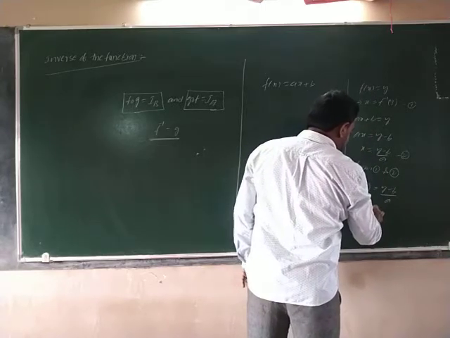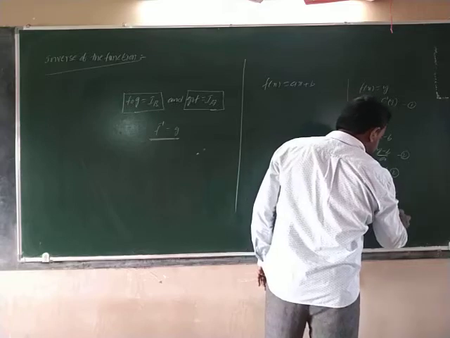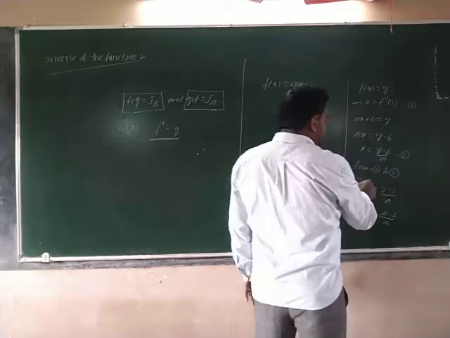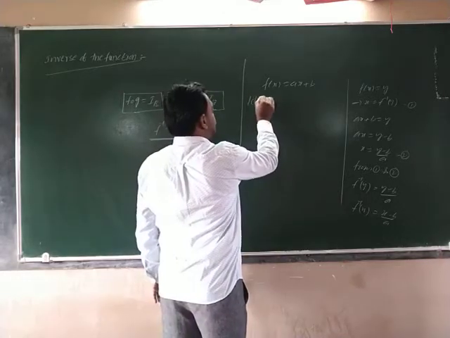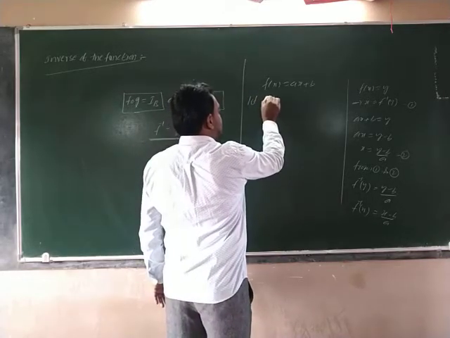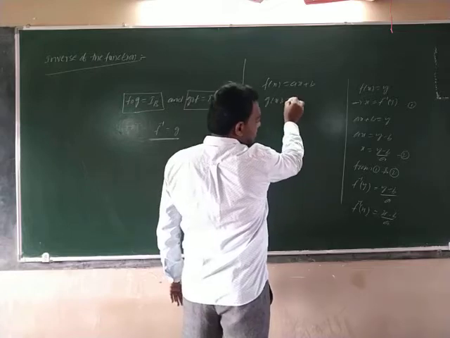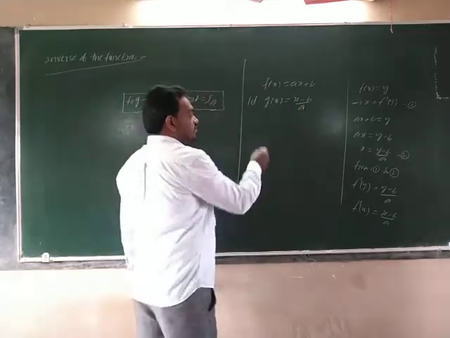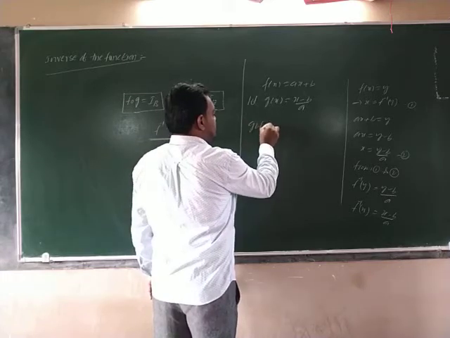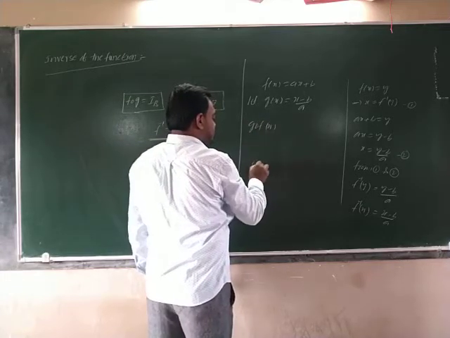Now, f inverse of x is equal to x minus b by a. So, this one we are now assuming, let g of x be equal to x minus b by a. Next, we find g circle f of x and f circle g of x.